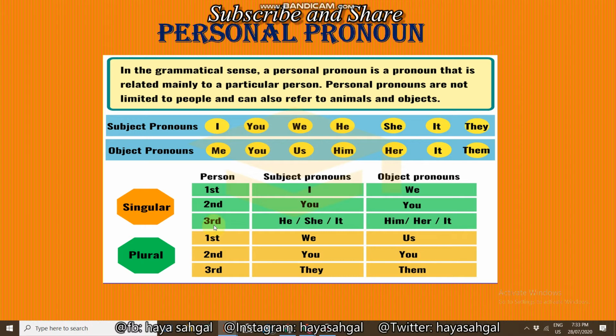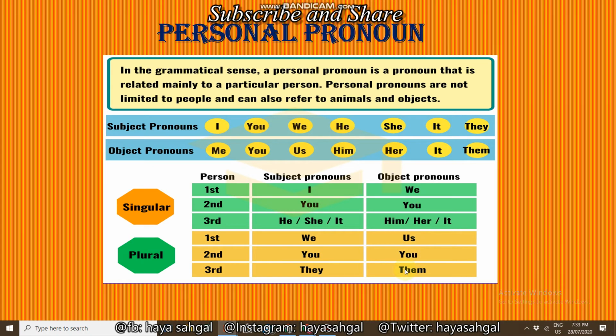Here it is to clarify that the subject pronouns or object pronouns can be singular or plural. Subject pronouns that are singular are I, you, he, she, it, and subject pronouns that are plural are we, you, they. Object pronouns that are singular are me, you, him, her, it, and object pronouns that replace plural nouns are us, you, them.